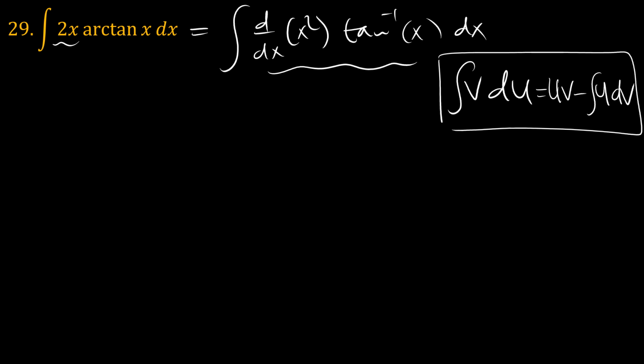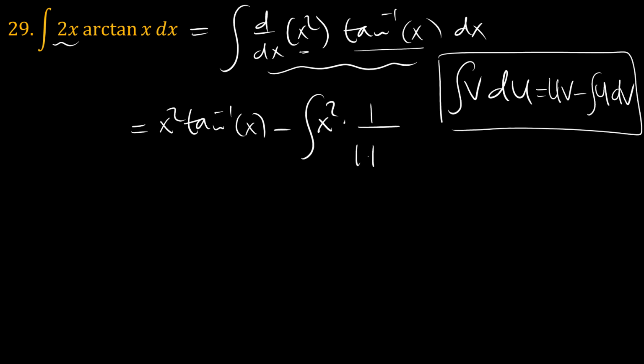And so our u happens to be x squared, our v happens to be arctangent of x, therefore our uv is x squared times the arctangent of x minus, u being x squared, so we have x squared times the derivative of arctangent of x, which is 1 over 1 plus x squared.